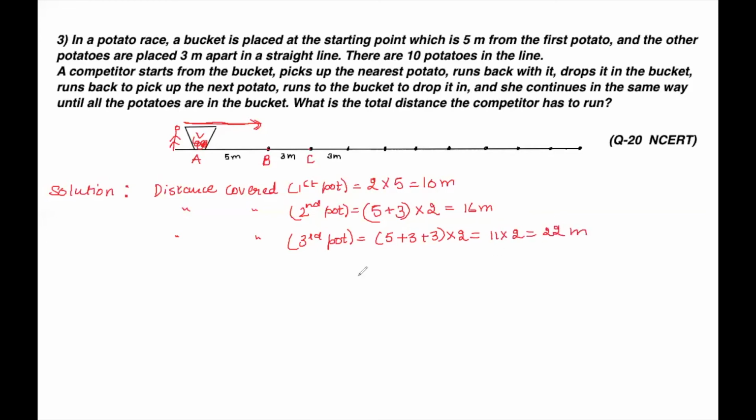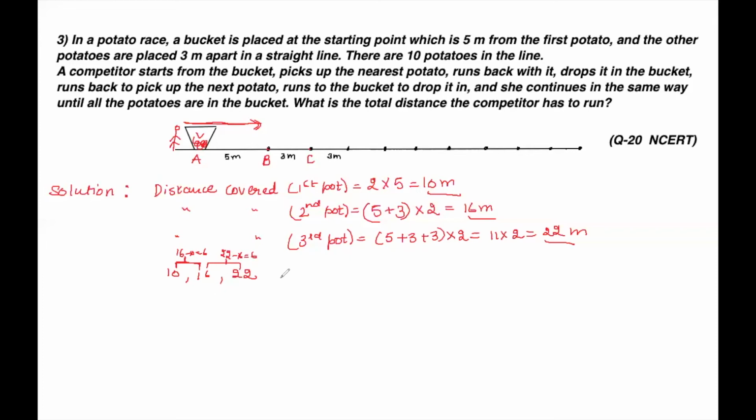Okay, now can you see a pattern here? A pattern is forming, right? 10, 16, 22. If you see, there's a difference between these numbers. What is the difference? 16 minus 10 is equal to 6. Again, 22 minus 16 is equal to 6.